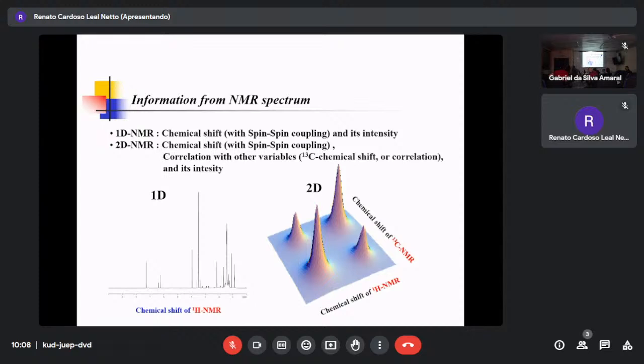But the problem is that the water signal in chloroform overlaps with the methyl signal. In that case, of course, nowadays you should not use benzene. If you change to benzene, the water signal comes at 0.4 ppm. So sometimes the choice of solvent is not because of solubility, but because of the water signal, the solvent signal.